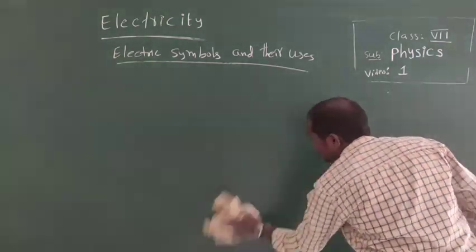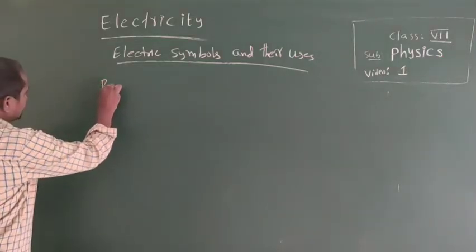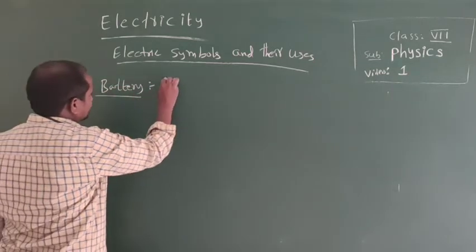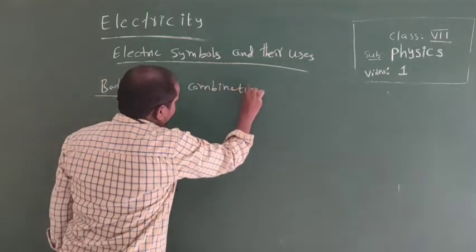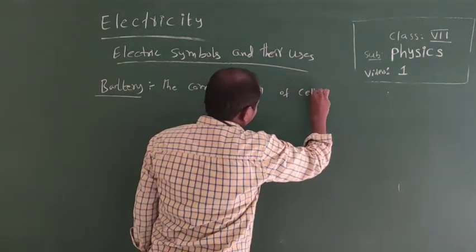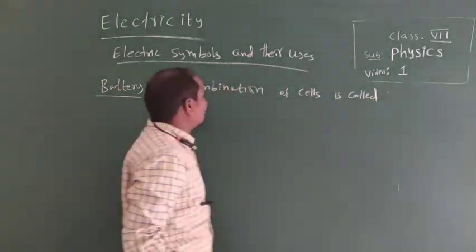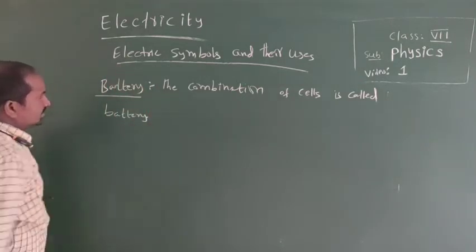The combination of more cells, more than one, is called a battery.